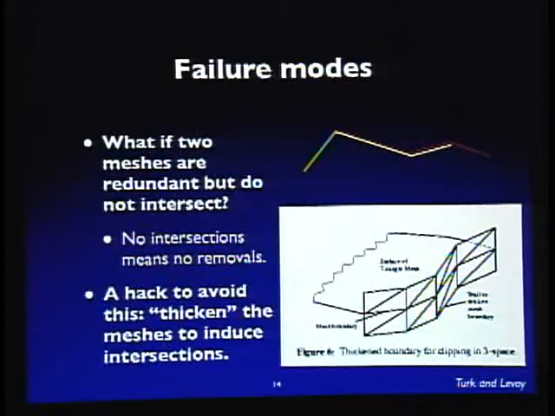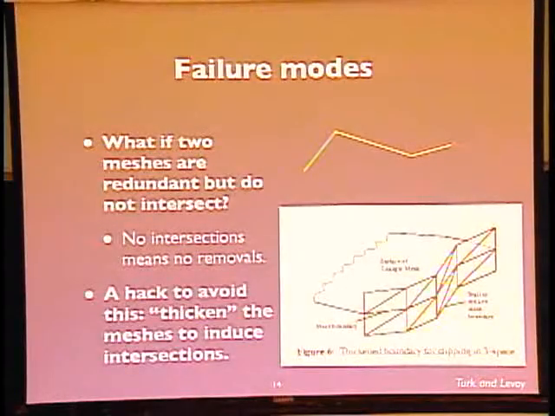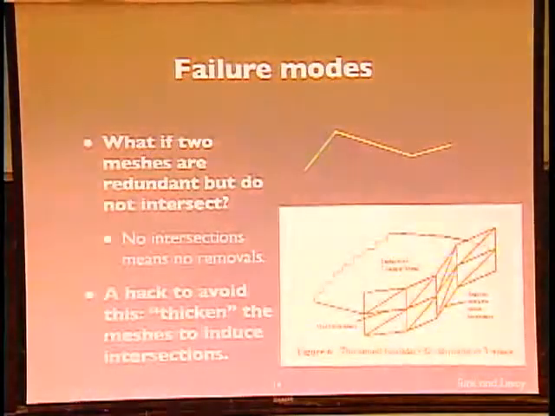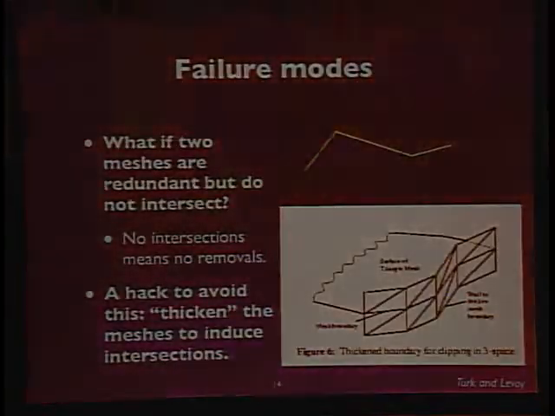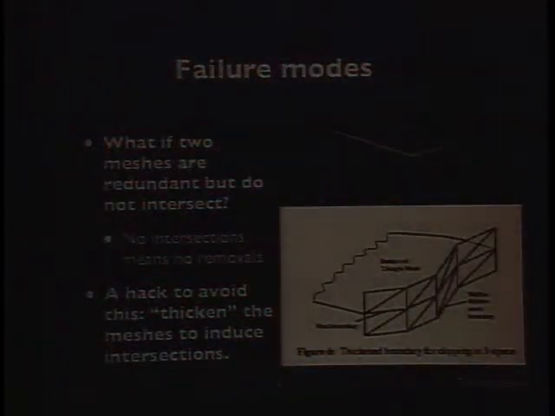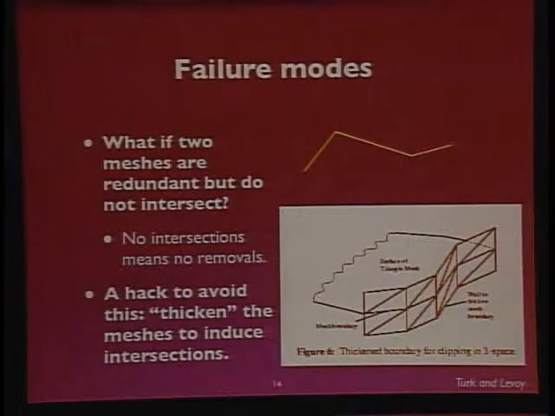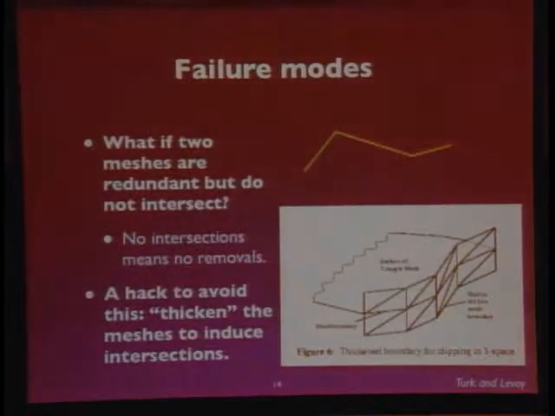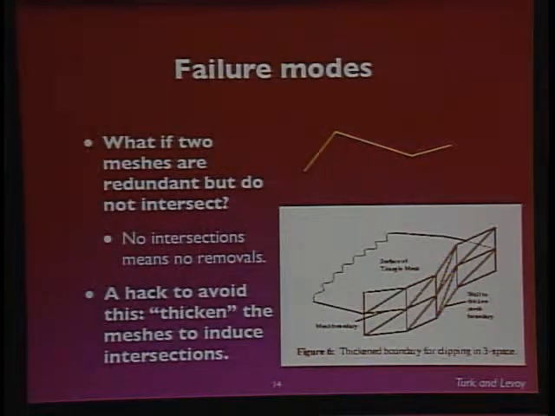So here's a failure mode for these things, something for you to consider. What I've told you is that the only way to remove redundant pieces of surfaces is to look at intersections between them.